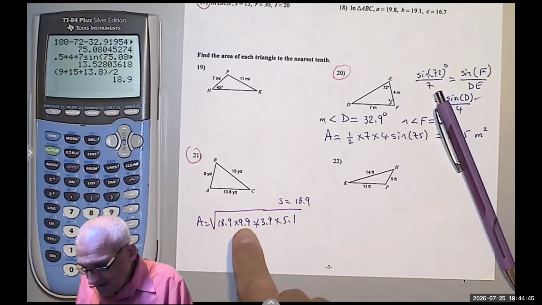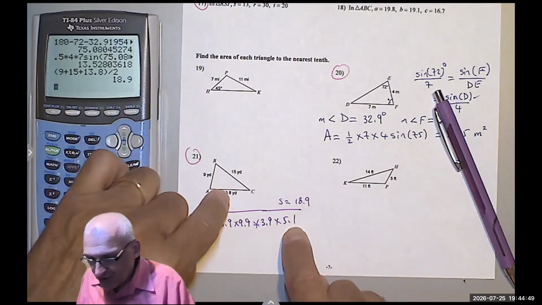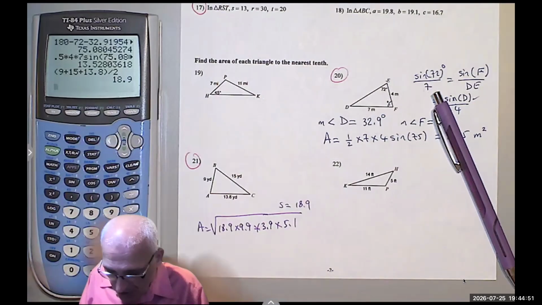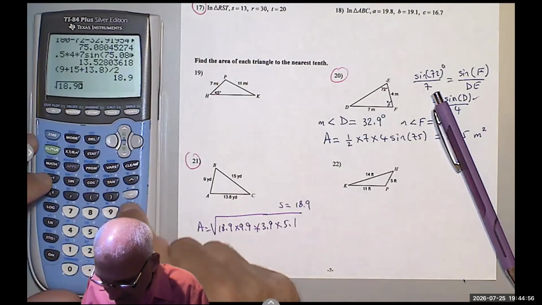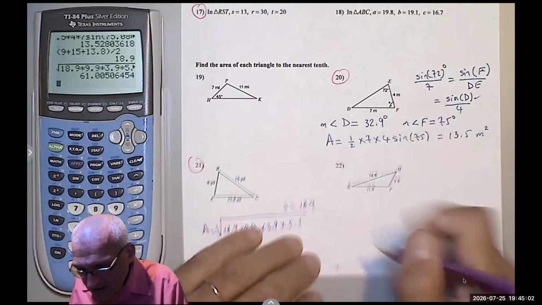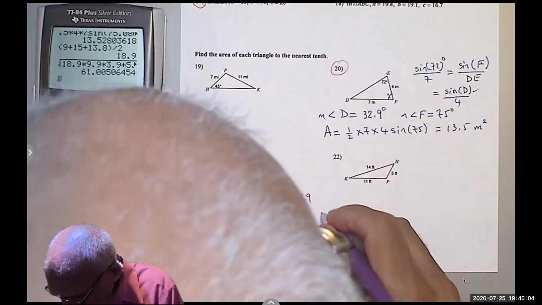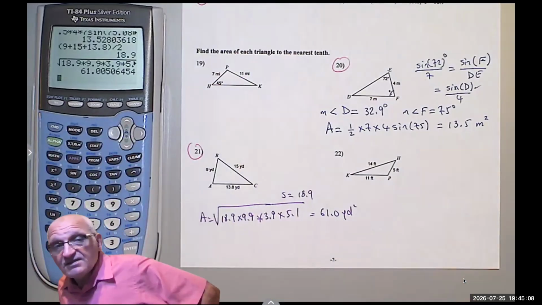S minus 9, S minus 15, S minus 13.8. So the square root of 18.9 times 9.9 times 3.9 times 5.1 equals 61.0 square yards.